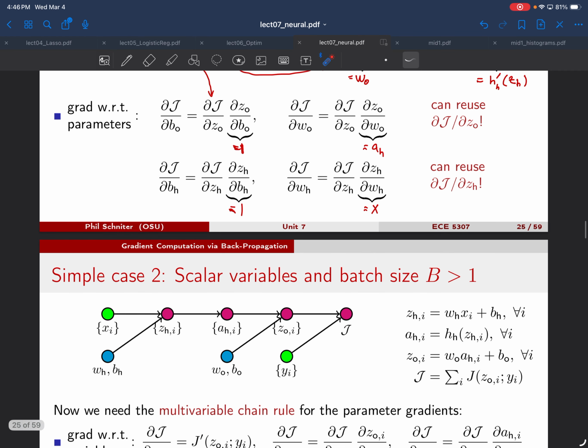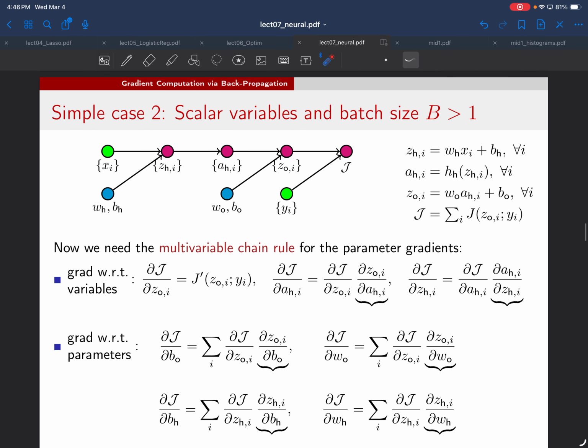Okay. Good. Let's move on to a slightly more complicated case where we have a batch size that is now greater than 1. As a result, we have these curly braces, which mean that they all refer to the batch. So these are all several elements in a batch. Now, of course, these parameters, they're still scalars. They're not batch dependent.